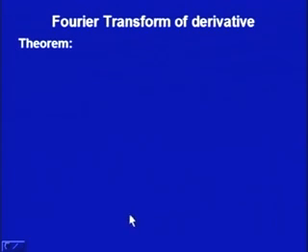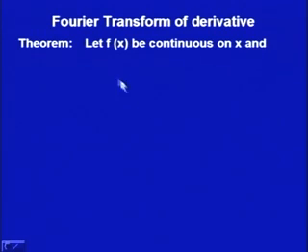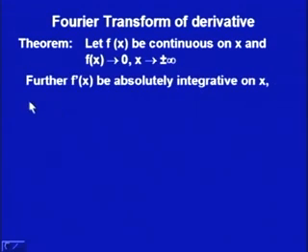The proof was easy, so I had left it for you to do by yourself. Here is the Fourier transform of a derivative. Let f(x) be continuous on the real line, and here again we are assuming that f(x) approaches 0 as x approaches either minus infinity or plus infinity, and further we are assuming that f'(x) is absolutely integrable.